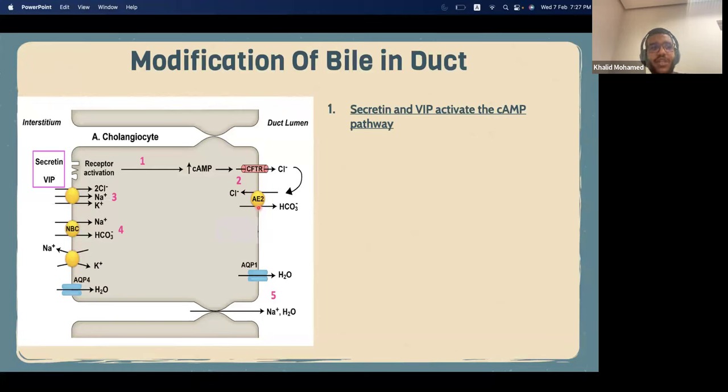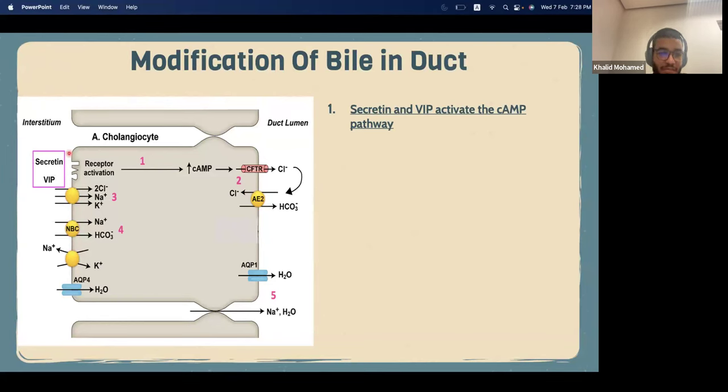So it's a protective mechanism for the stomach. It's a protective mechanism in the duodenum, where secretin acts on CFTR, and then indirectly on hydrogen carbonate ions to secrete hydrogen carbonate to withstand acidity.